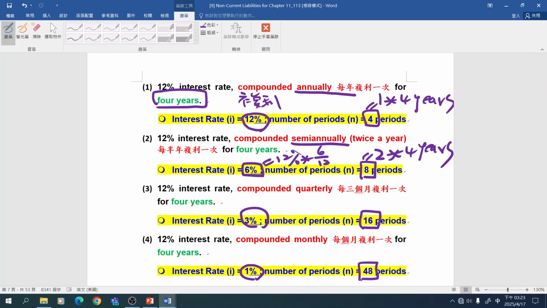Also, they will affect the total interest you will get.